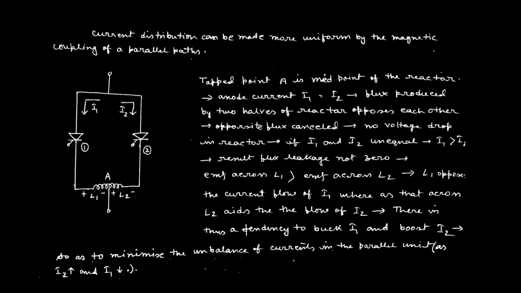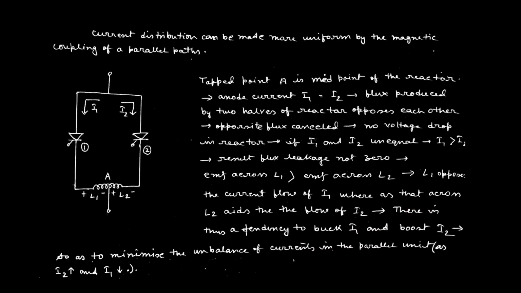That means L1 opposes the current flow of I1, whereas L2 adds to the current I2. That means I1 should be reduced, whereas I2 should be boosted up.